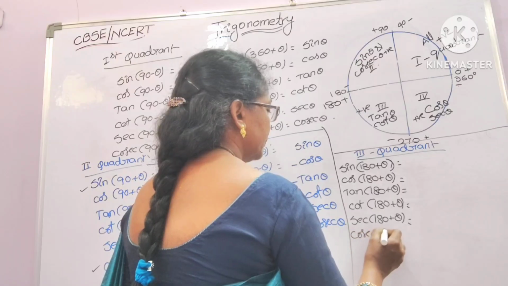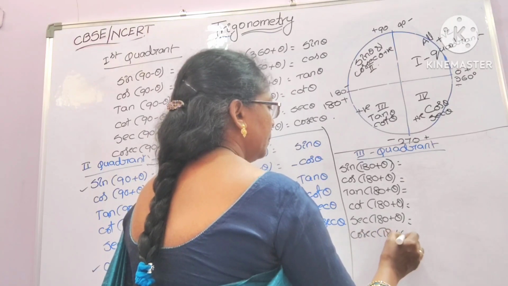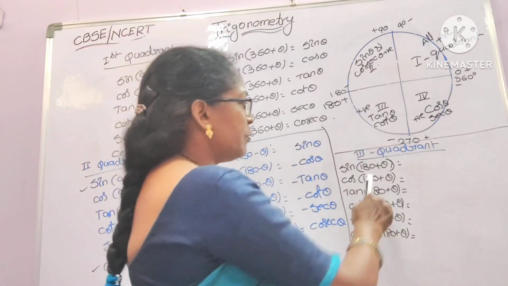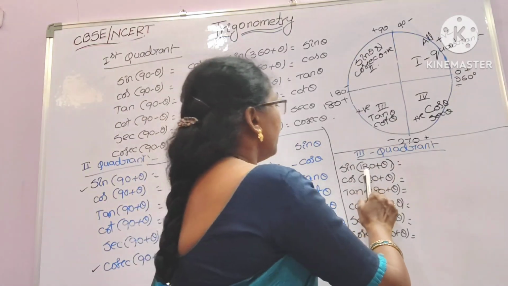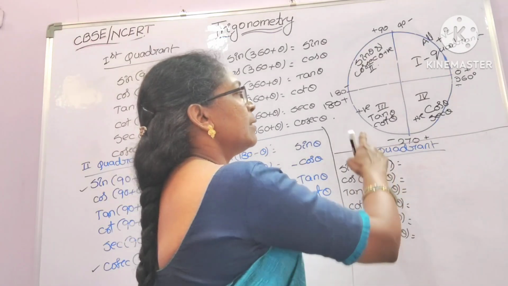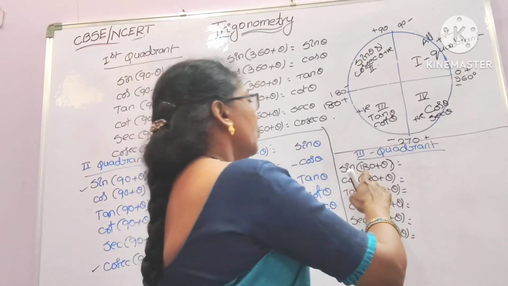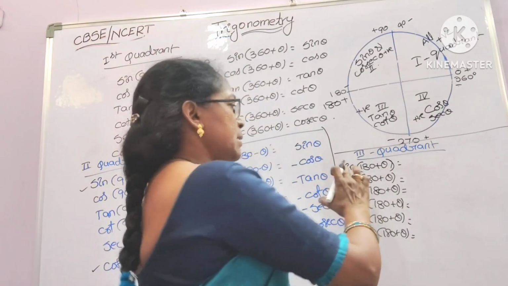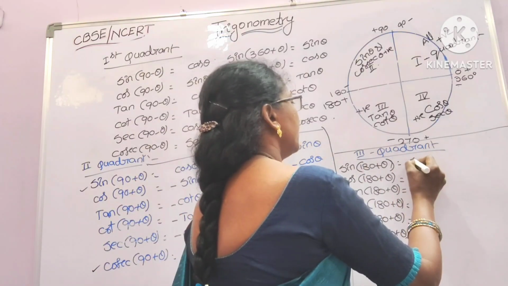Cosecant 180 plus theta. Now first you have to find out which quadrant 180 plus theta comes under. 180 plus theta comes under the third quadrant. But since 180 came here, 180 or 360, you write the same trigonometric function as it is.